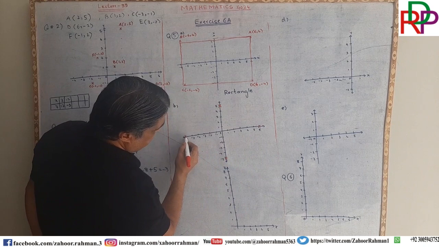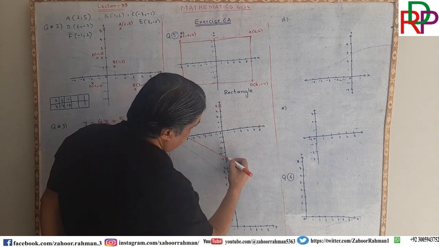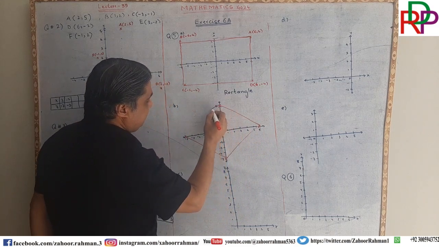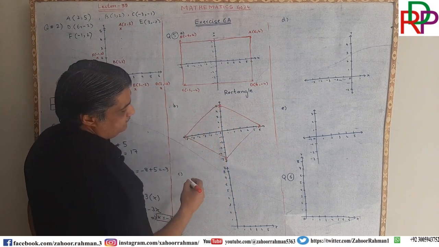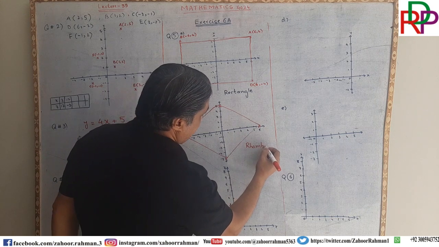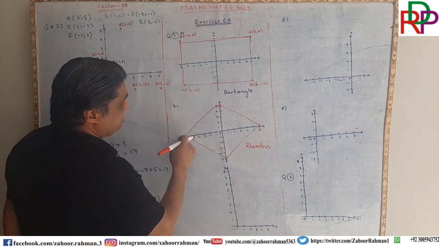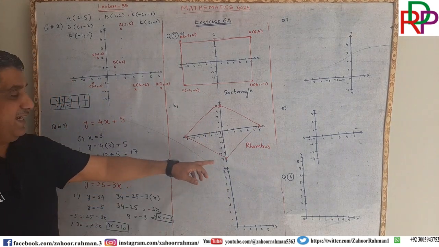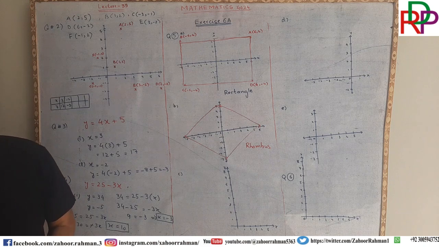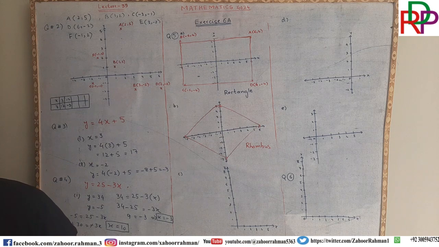So these are the points when I join this, so we will get a rhombus. That is a rhombus. All the sides are equal, but the angle is not equal to 90. So that is known as the rhombus.